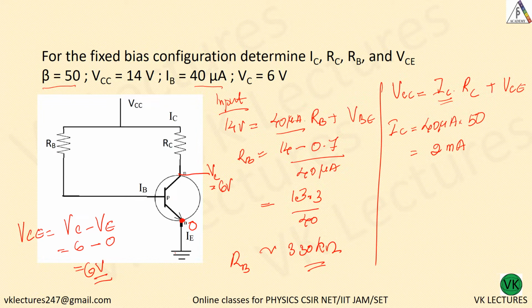Now just apply here. VCC equal to 14 volt equals IC, 2 milliampere, times RC, which we don't know, plus VC, 6 volt. So 14 minus 6, that is 8 volt, divided by 2 milliampere is equal to RC. That is nothing but 4 kilo ohm. Milliampere goes to the numerator. Now you have RC, everything is ready.